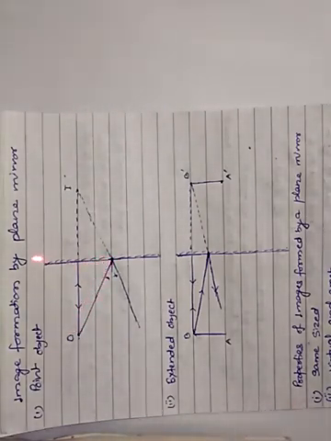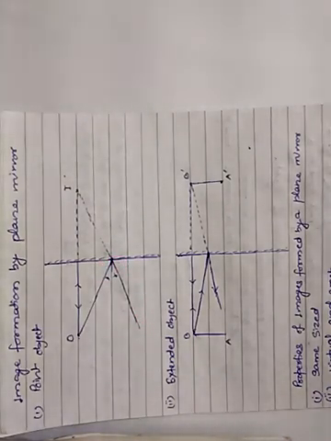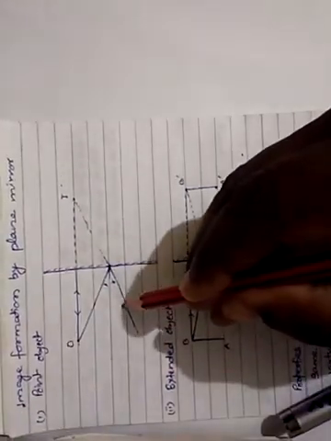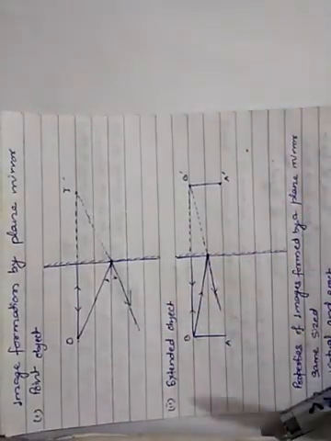As incident ray, this point of incidence is this, normal is this, so angle of incidence will be this. Question is this, what will be path of reflected ray? Then according to second law, we know that I equal to R, so reflected ray will be this. Reflected ray is this. Now see here, it is your one reflected ray, it is your one reflected ray and it is your another reflected ray.